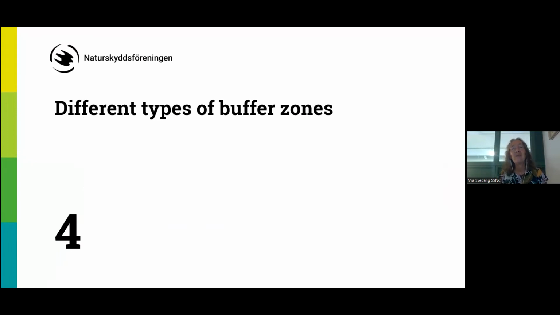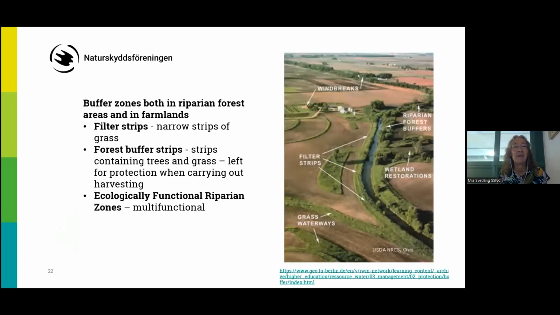I will say a few words about different types of buffer zones as well, because you can use buffer zones in so many different types of areas, even though they can be a bit different in different areas. You can have buffer zones both in riparian forest areas and in farmlands. Often in farmlands, you talk about filter strips, which are only narrow strips of grass close to the water.